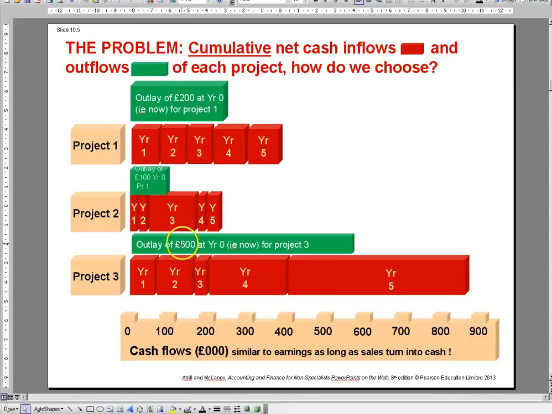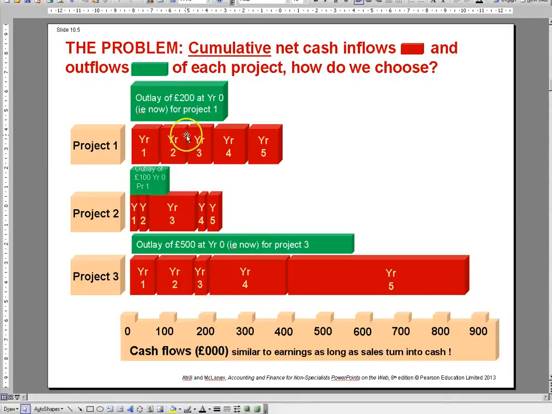I mean, if you have to outlay £500 now, and the returns, although huge, a lot of those returns are in year 5. Year 1 is a particularly small return, and very small return in year 3. So years 1, 2 and 3 you're going to be well below your outlay.